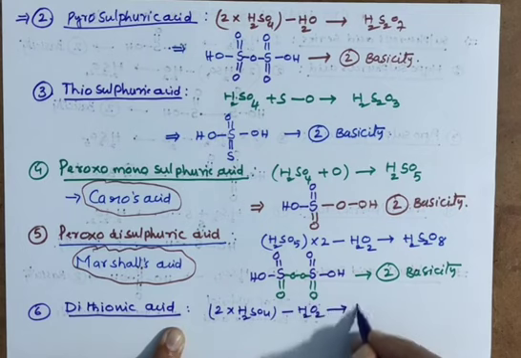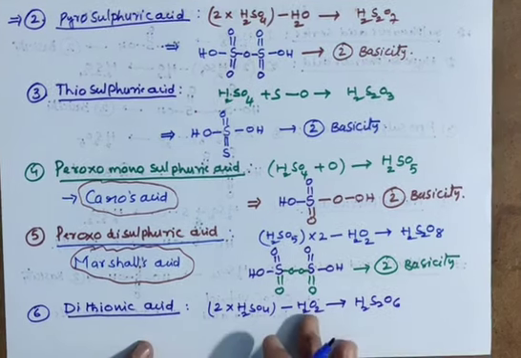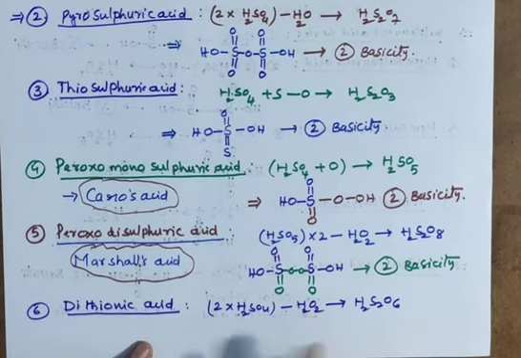Then you are getting H2S2O6. This we are calling dithionic acid. Structure you know very well.